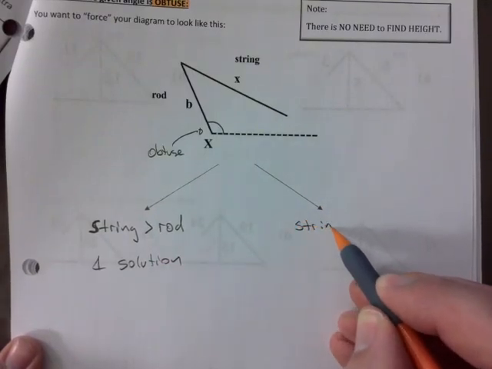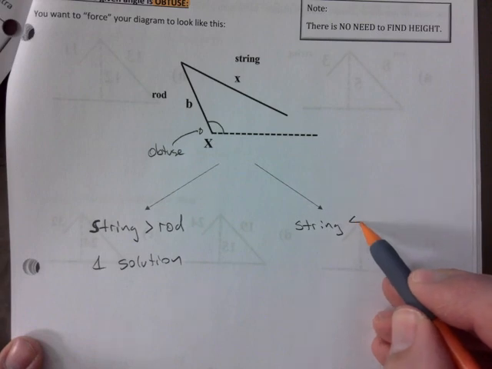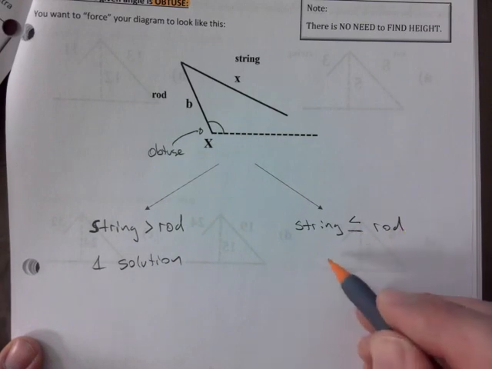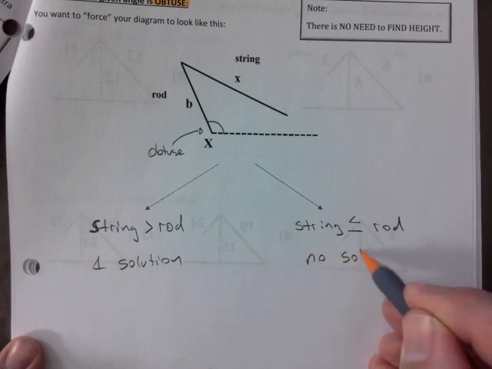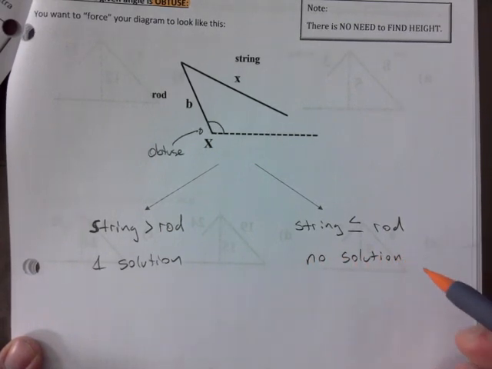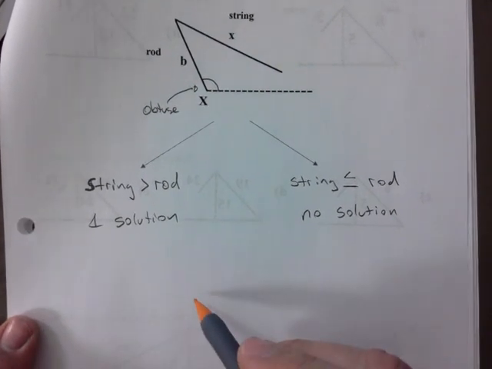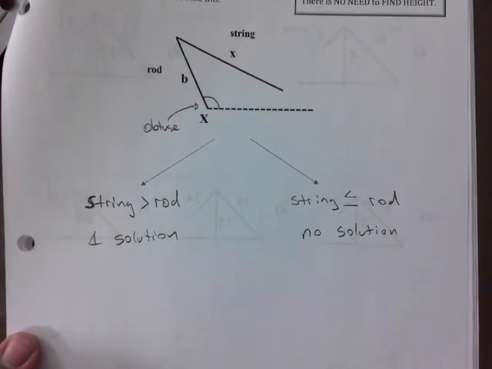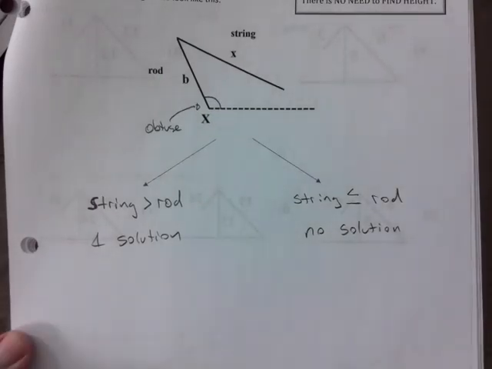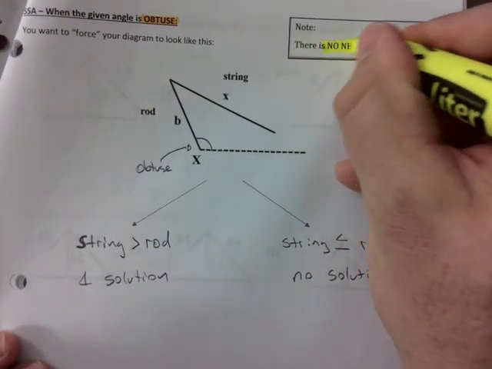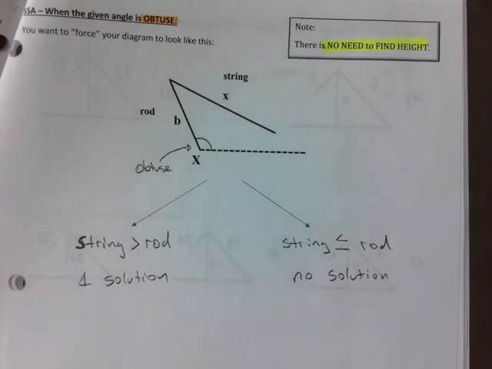If the string is less than or equal to the rod, no solution. That's it. No need to find the height. I have that nice and big up here. Watch. No need to find the height.